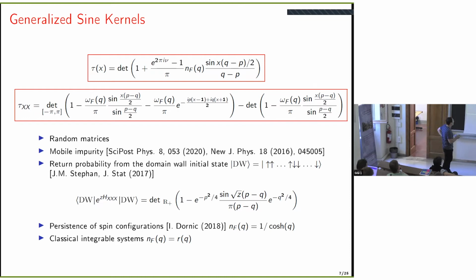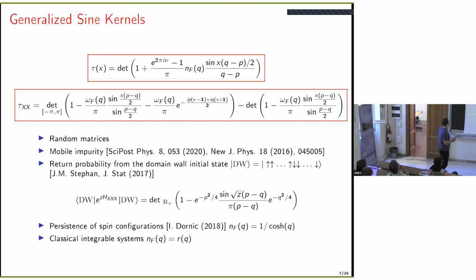Observables like this appear in many places in theoretical physics and mathematical physics. First of all, the most known example is probably the emptiness formation probability in random matrices. My personal experience was with this object when I encountered a mobile impurity.